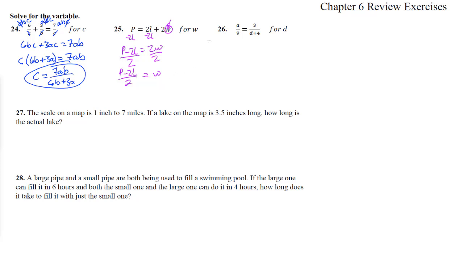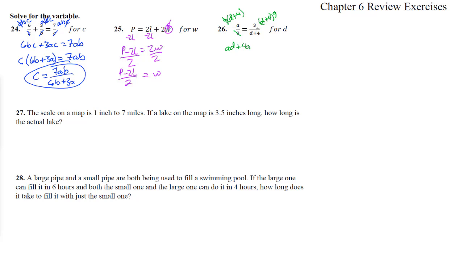Good deal. Number 26. We're trying to get d by itself. We first have to get rid of these fractions, so we've got to times by the least common denominator, which is d plus 4 and 9, and d plus 4 over on this side as well. So when we times those, the 9 cancels here, and we have a times d plus 4a.